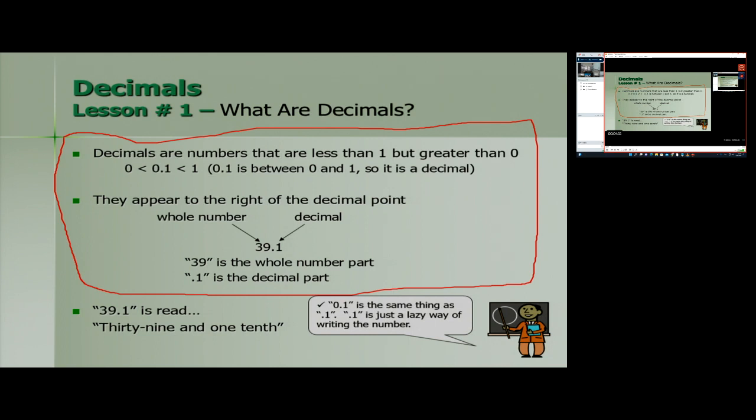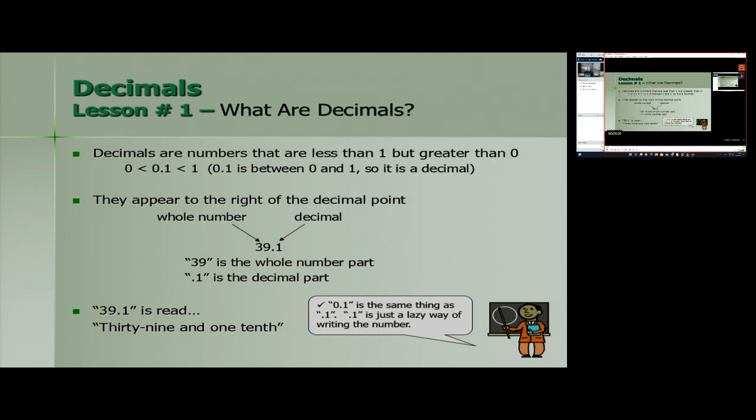Okay. So what you just need to remember when we talk about decimal is this thing. If we have 39.1, that number, this 39 is the whole number, and the decimal is only the point 1.